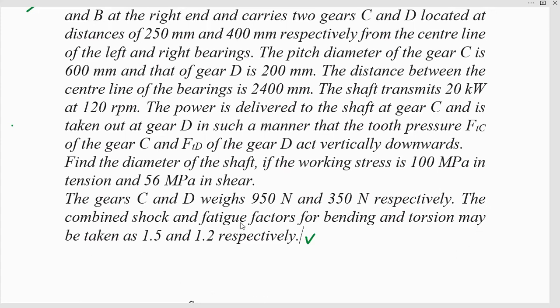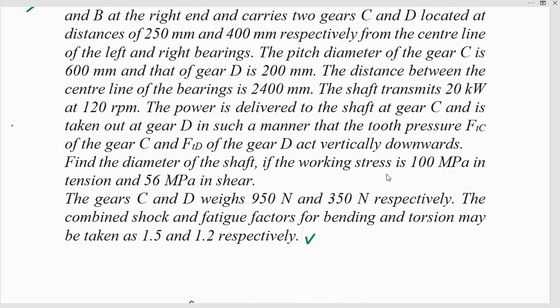The combined shock and fatigue factors for bending and torsion may be taken as 1.5 and 1.2. These are just the factors of safety, taking account of one when we design against bending and when we design against torsion. We will use two stress theories.